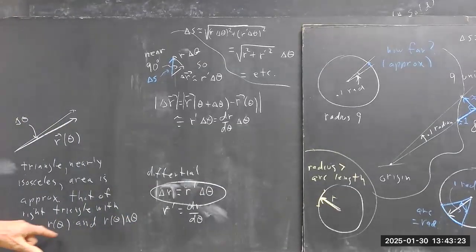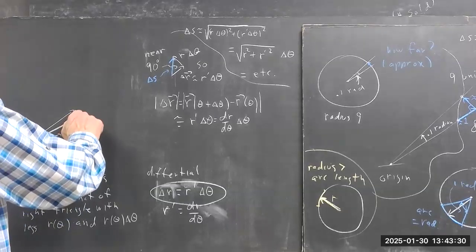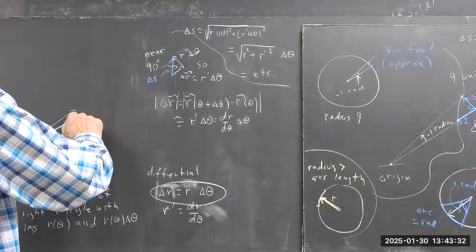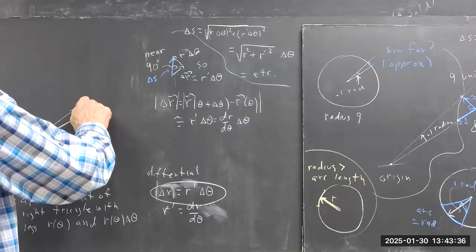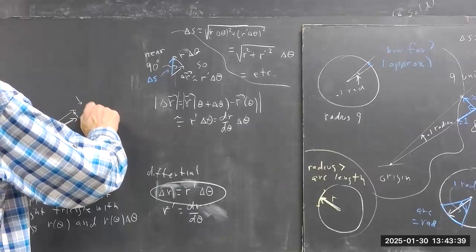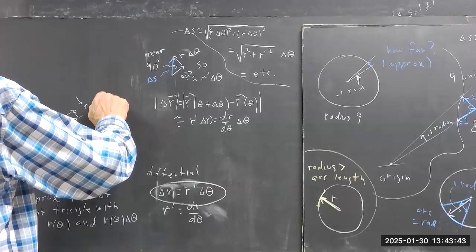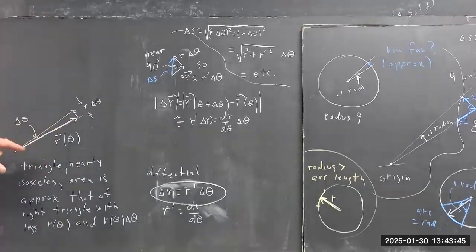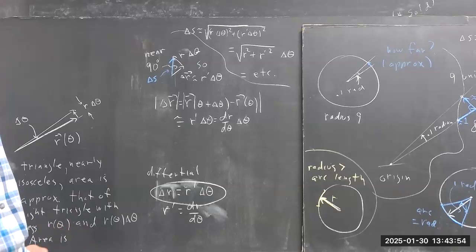And the legs are approximately r theta and r theta delta theta. And remember, this distance here, perpendicular from this line over to this line, is about r delta theta, where r is some r between this r and this end.